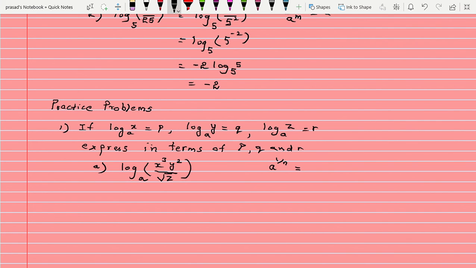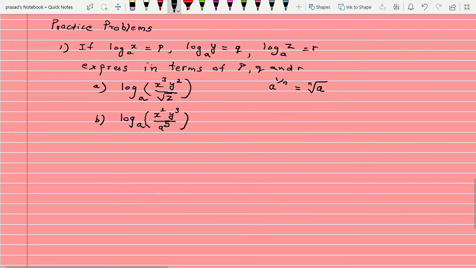A to power 1 upon n is nth root of a. So how will you write square root of z? Z to power half. And then use the laws of logarithm. Then log x square y cube upon a raised to 5 to base a.